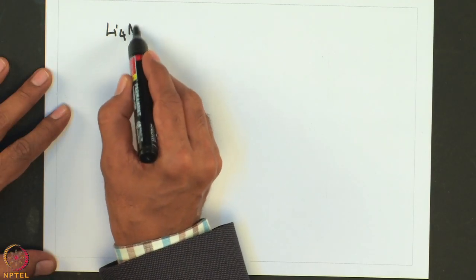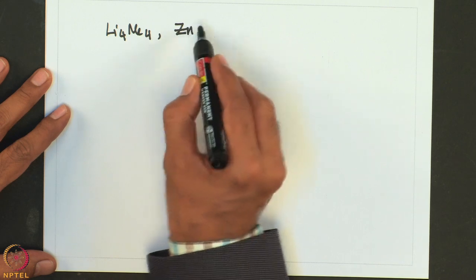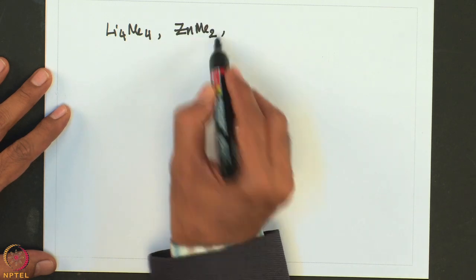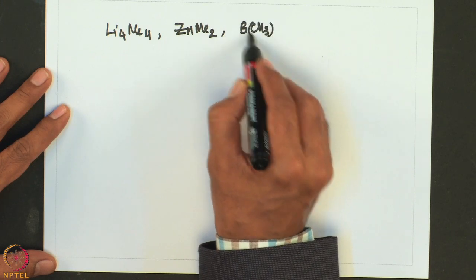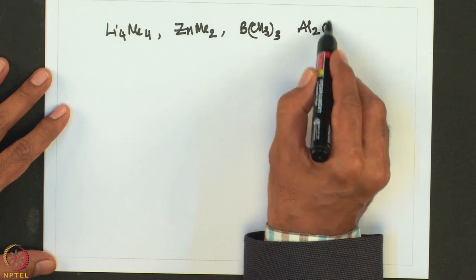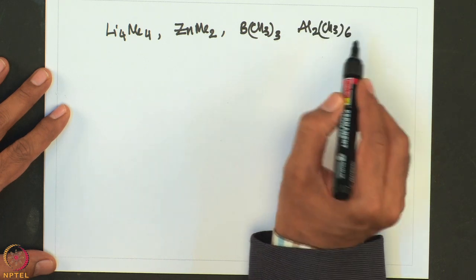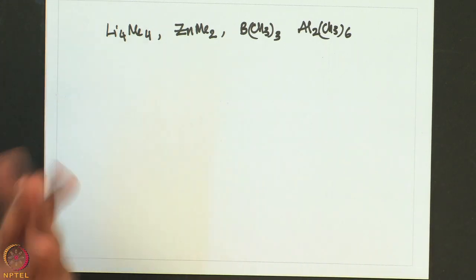So, let us consider these examples. Methyl lithium, Li4Me4, or dimethyl zinc, or trimethyl boron, or Al2(CH3)6, trimethyl aluminum. They are all volatile pyrophoric compounds.